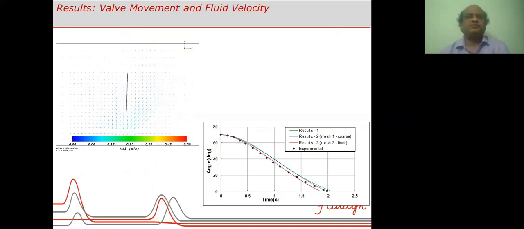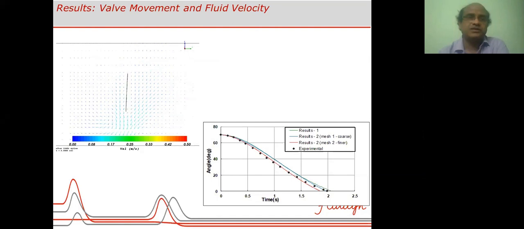As the wall moves down, it pushes the fluid in front of it, and it drags the fluid behind it along with it. And as it falls, in the first cycle, it comes to the horizontal position, and it crosses that because of inertia.